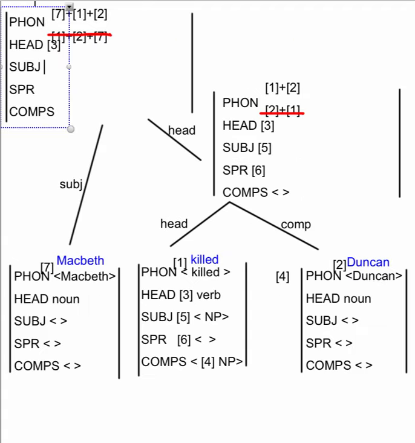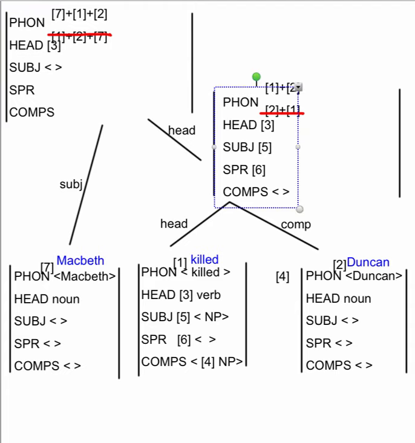The subject list on the mother must be empty. The subject list on the head-daughter must be non-empty. So it's not list number 5. Number 5 is a non-empty list. So I can just add that here, to make more precise what that list is.